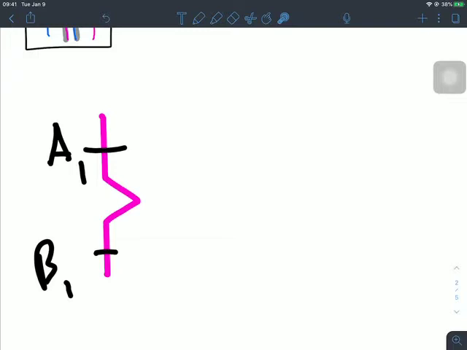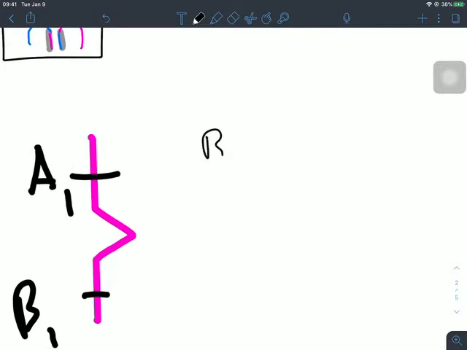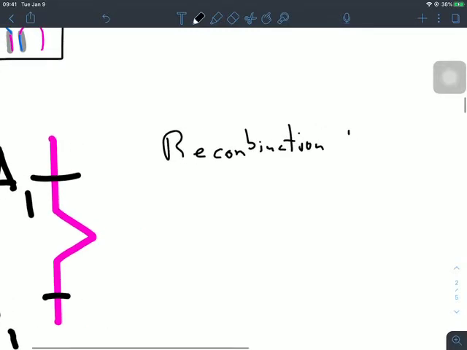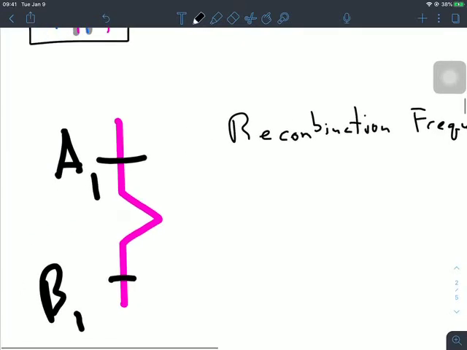So ultimately, we're going to be looking at the number of children generated with either parental or recombinant types to determine our recombination distance or recombination frequency, meaning how often do you get some sort of recombination event that switches these two genes around.